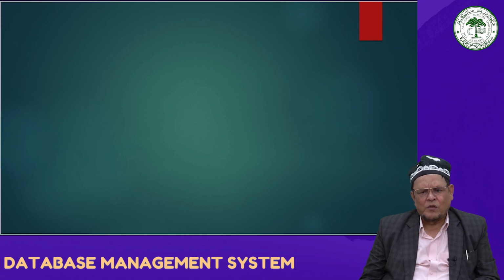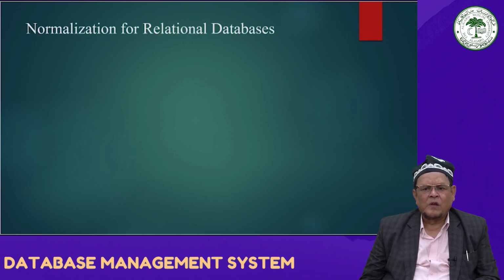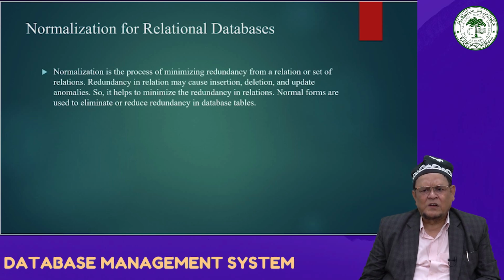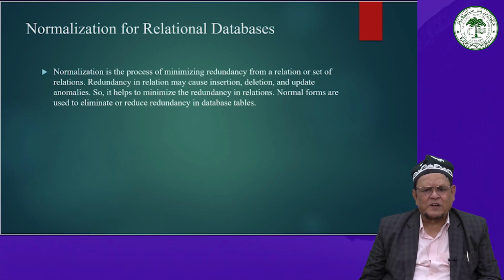So we will begin with the very first topic of today's lecture, normalization for relational database. Normalization is basically a process of minimizing redundancy from a relation or set of relations. Redundancy in a relation may cause insertion, deletion, and updation anomalies.